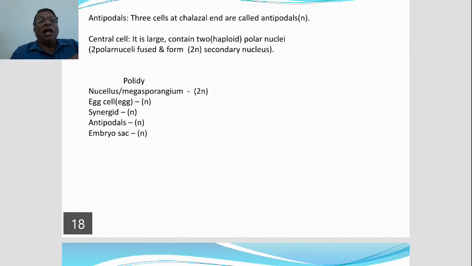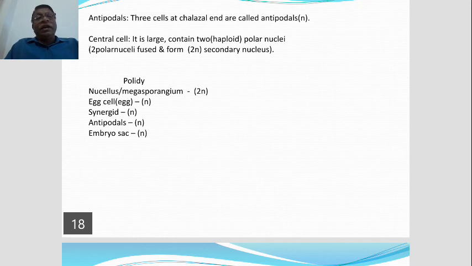Next, antipodals. 3 cells at the chalazal end or at the base are called antipodals, which are also haploid. Then there is a central cell, a big or large cell.